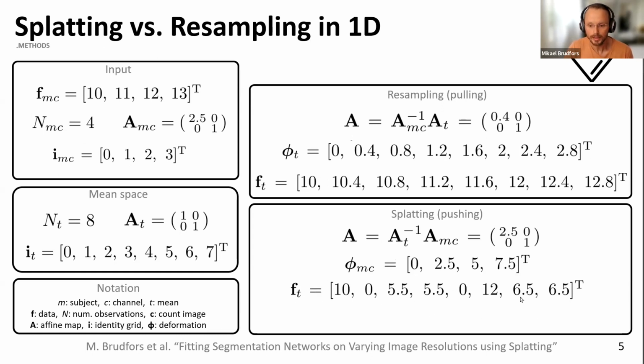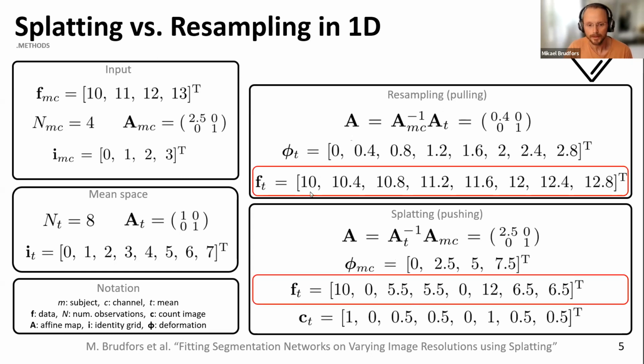Okay, so we get different values whether we resample or we splat. Importantly as well for the splatting, we have a count image which tells us how many voxels were pushed to each location, which is a sort of confidence of how much each voxel is weighted in the mean space. Okay, so this is the idea.